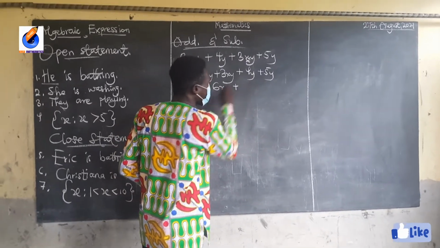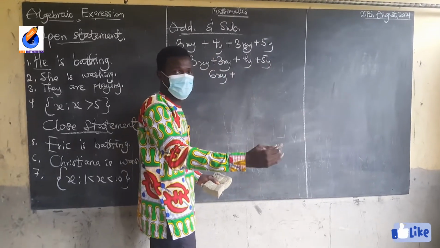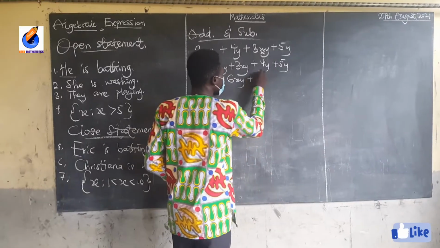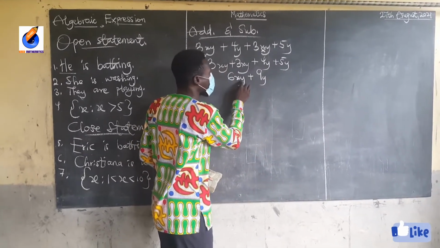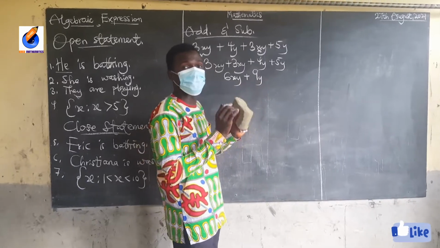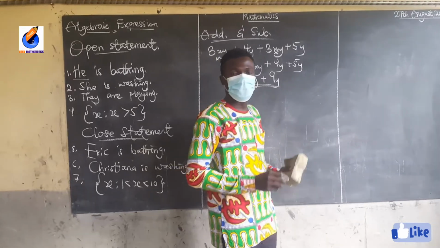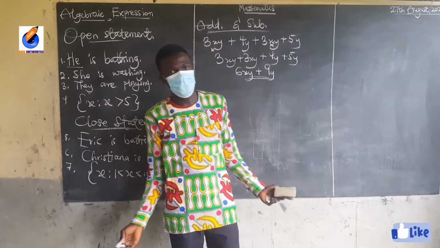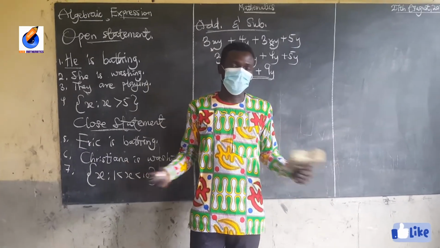Then I have plus, if 4 plus 5 gives me 9, then 4y plus 5y will give me 9y. Now because xy and y are not the same, I will leave my answer as 6xy plus 9y. And this is addition of algebraic expressions.